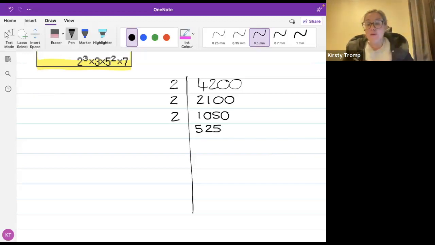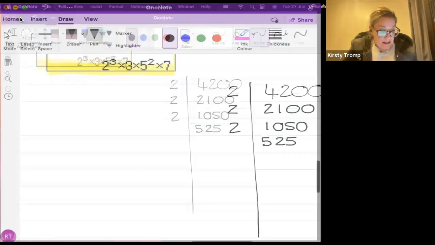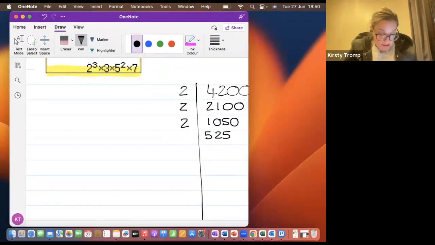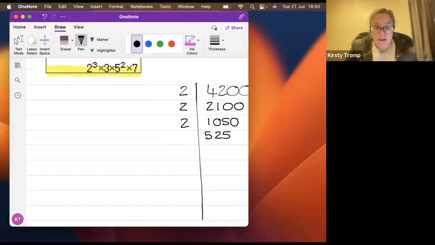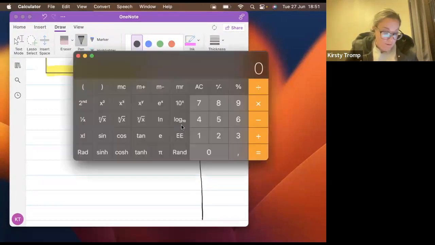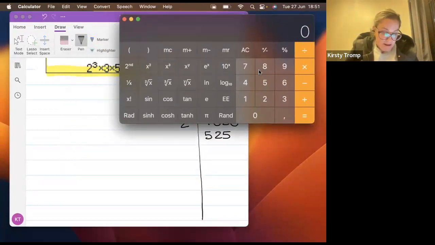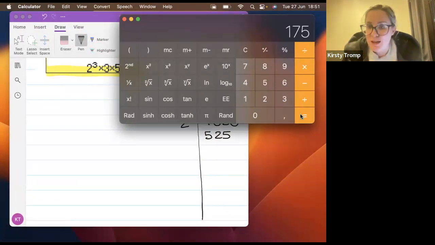Now, if I was doing the ladder method absolutely correctly, like our teachers say, you must make sure that you do all the numbers in order, then what I would do next is check first that the next prime number is 3. So I should take 525 and try to divide that by 3 first. Can 3 go into 525?